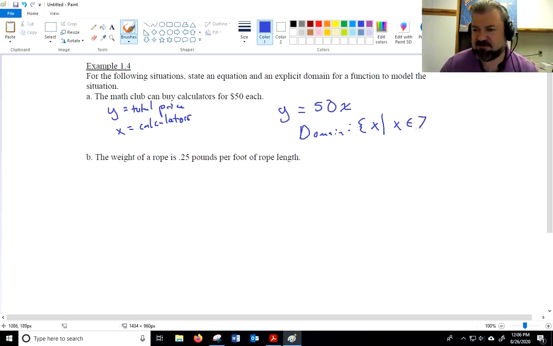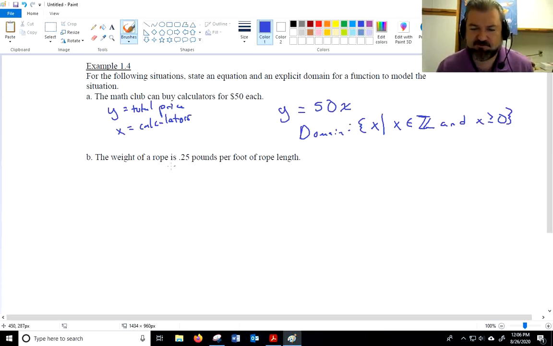So I'm going to say x has to be an integer and x has to be greater than or equal to 0. Remember the double-strike Z means integer. You could also just write out the word integer if you don't remember that, but the more you see it, the better it is. So we're saying that x has to be a non-decimal amount and has to be greater than or equal to 0.